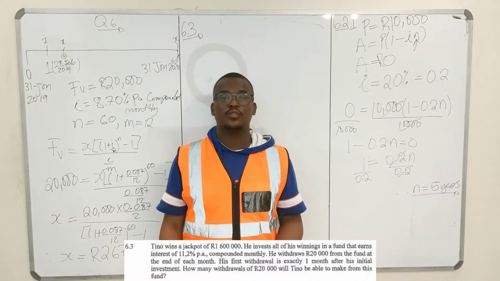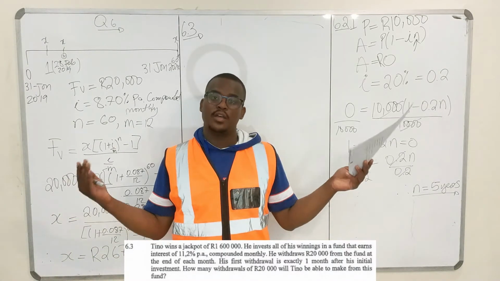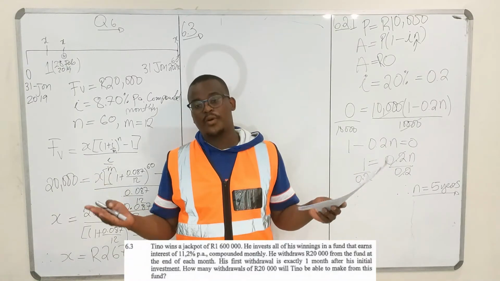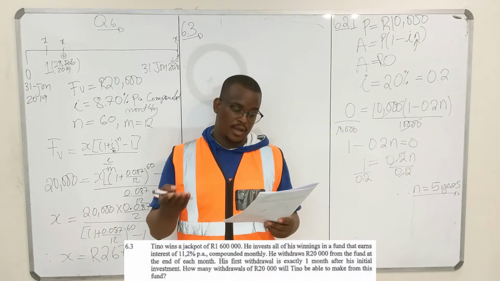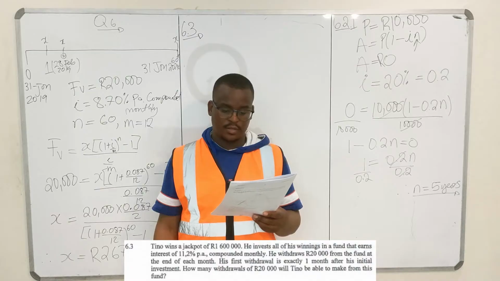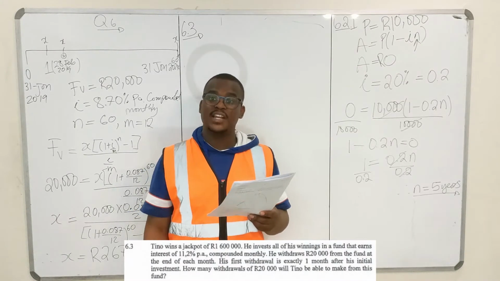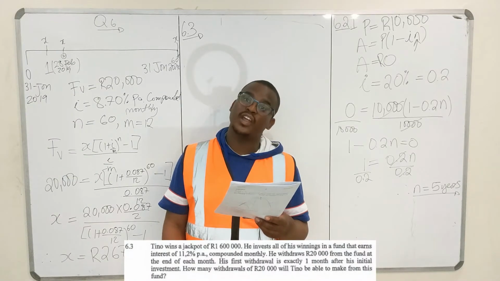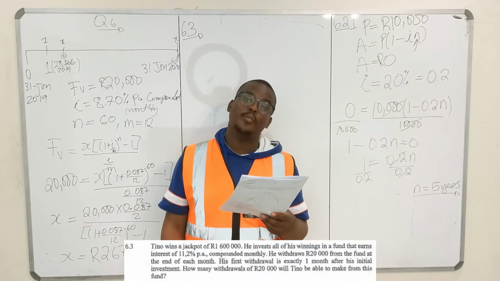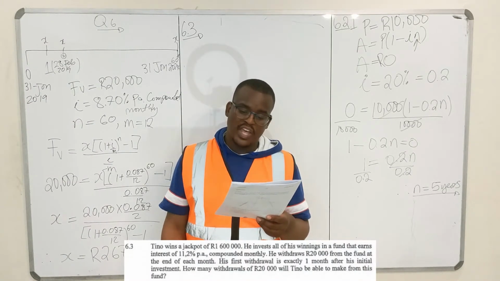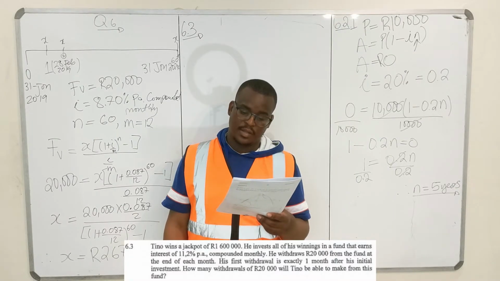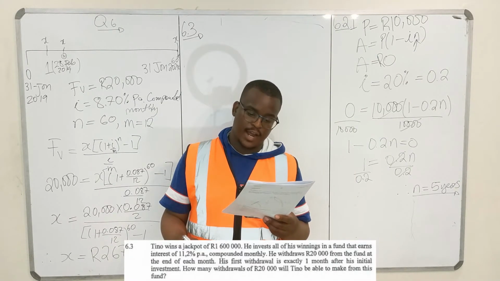Okay, so they're saying our friend Tino here won 1.6 million from a lottery jackpot. So he invests all of it in an account that earns an interest rate of 11.2% per annum compounded monthly. He withdraws 20,000 at the end of each month, right?